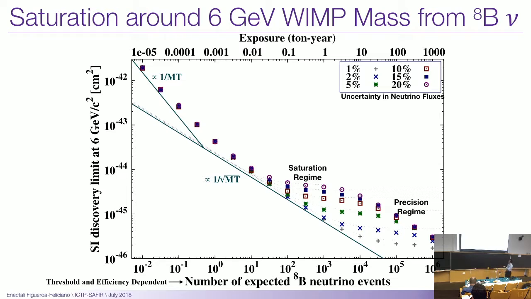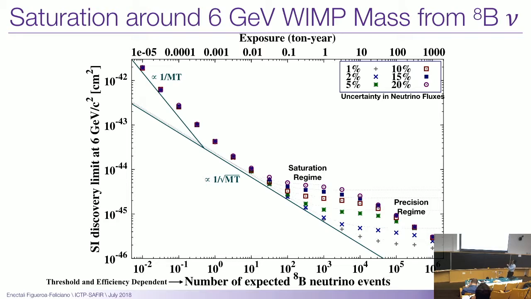So as that number is a fraction, you expect basically no neutrinos in your experiment, and these lines are just to guide your eye, the WIMP discovery limit goes roughly linearly with exposure. And then when you get to somewhere around a fraction to 1, it flattens out to a square root.